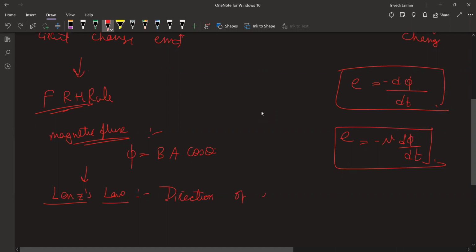The direction of induced EMF will always oppose the cause. The opposite of the cause, to which or how it is produced, it will be in just the opposite direction.